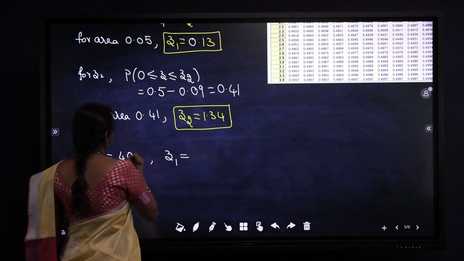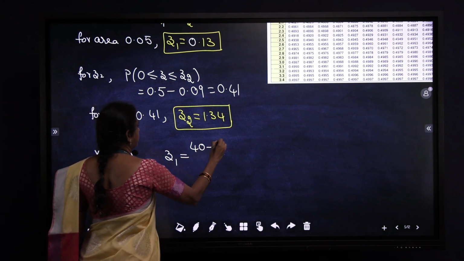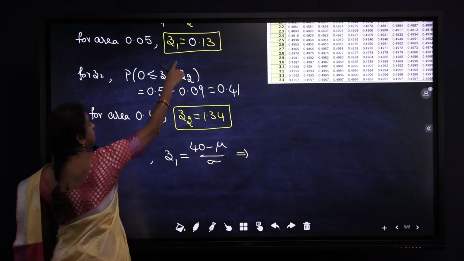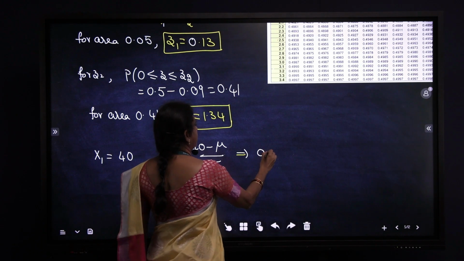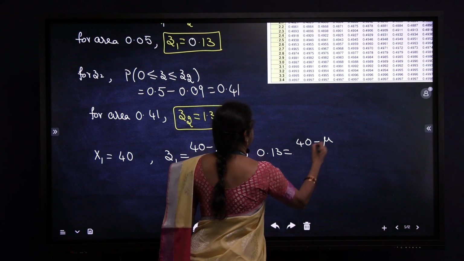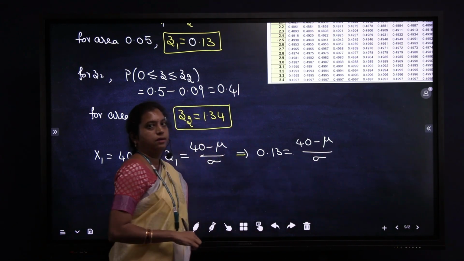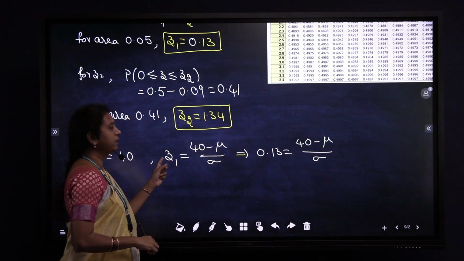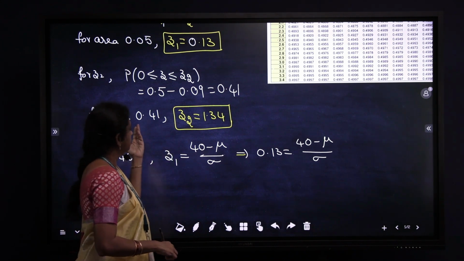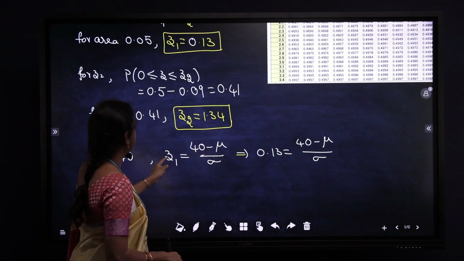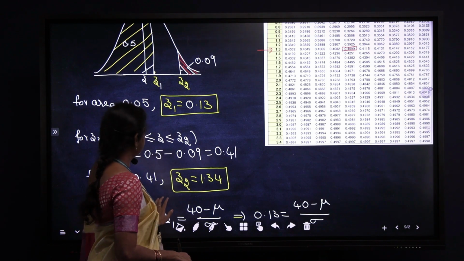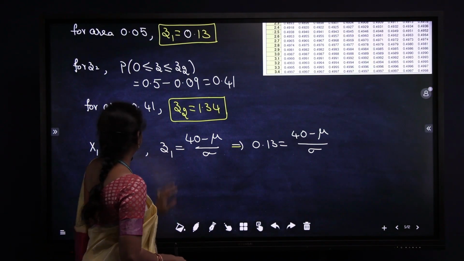Z1 is equal to (40 minus mu) by sigma. What is the Z1 value? 0.13. So 0.13 is equal to (40 minus mu) by sigma, right? In the previous example we took minus Z1 because the area was on the left side and Z2 was on the right side, whereas here both Z1 and Z2 are on the positive side, so we'll take both as positive, right?